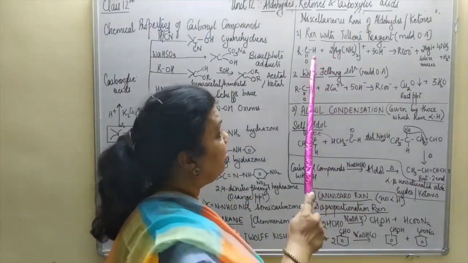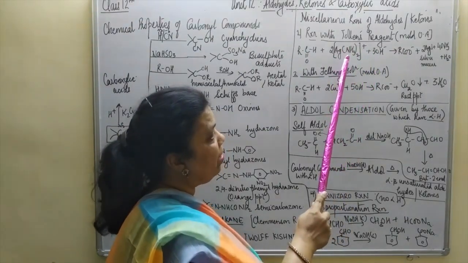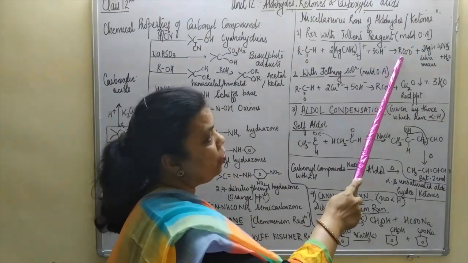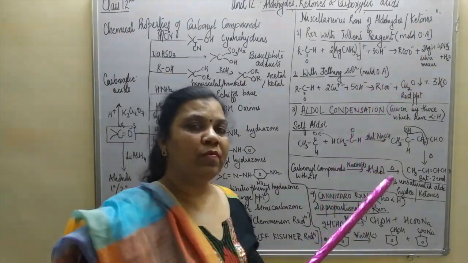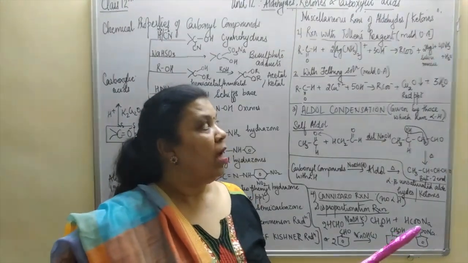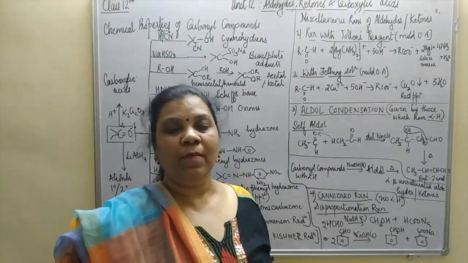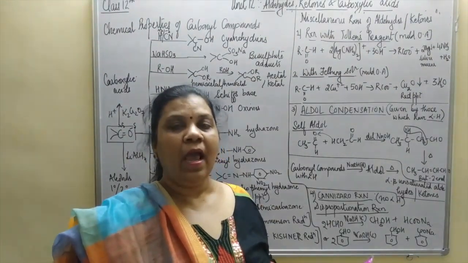When you treat any aldehyde with Tollens reagent, the aldehyde gets oxidized to carboxylic acid, and a shiny silver mirror is produced on the walls of the test tube along with the byproducts ammonia and water. So this test will be given exclusively by aldehydes.